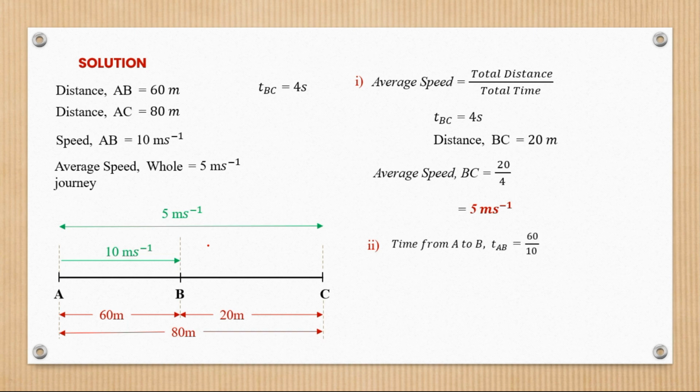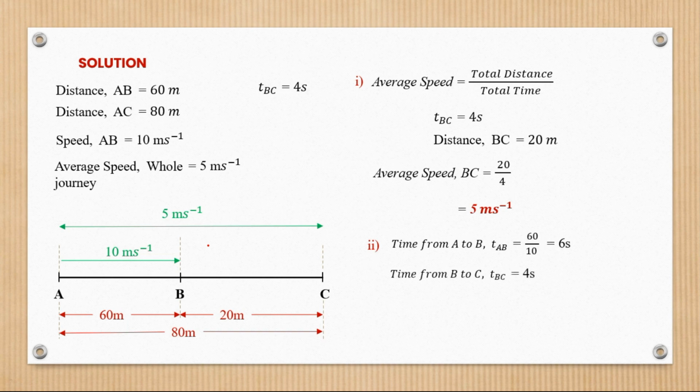So we need to find the time from A to B. We already know that the distance A to B is 60 meters, and we also know the speed he moved along AB is 10. So using that formula, making time the subject, time is equal to distance over speed. Therefore the time he took to move from A to B is 6 seconds.